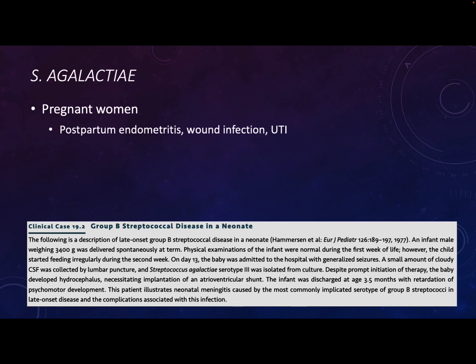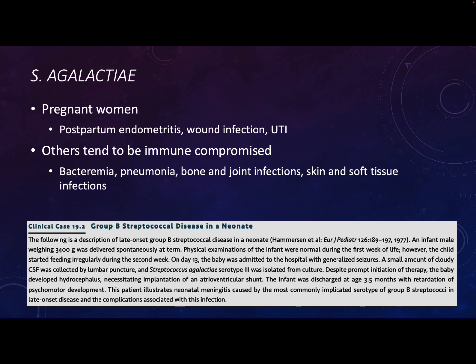Those are your two major groups of individuals who might experience symptoms from group B strep: your neonates and your immediate postpartum patients. Other patients who tend to experience symptoms are going to be immune compromised, which is why we say there's a range of people who might be colonized but not show symptoms, because their immune system can clear things up.